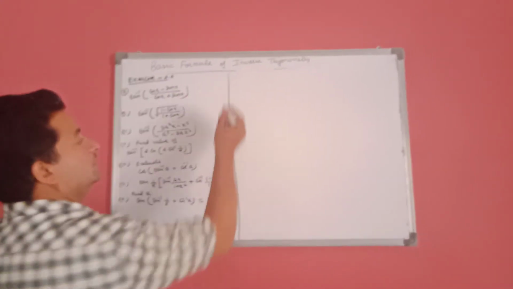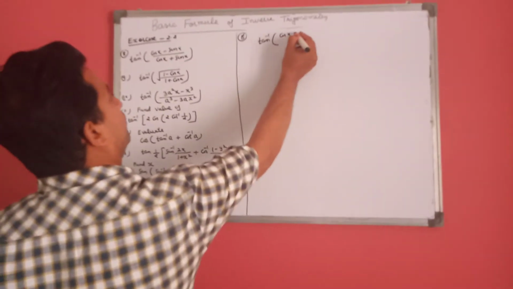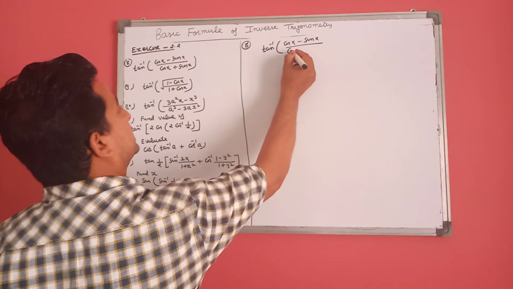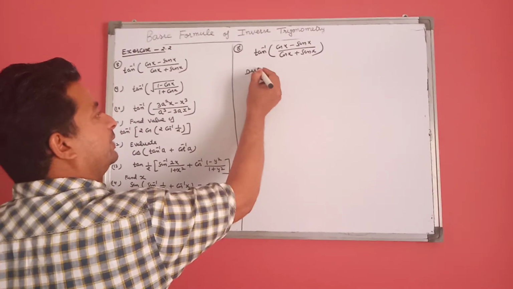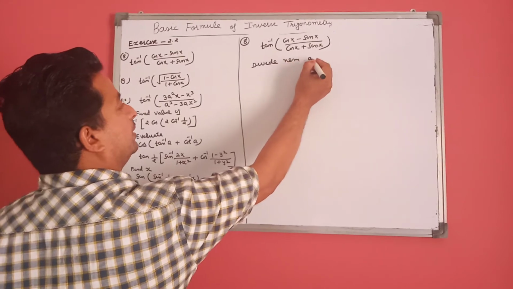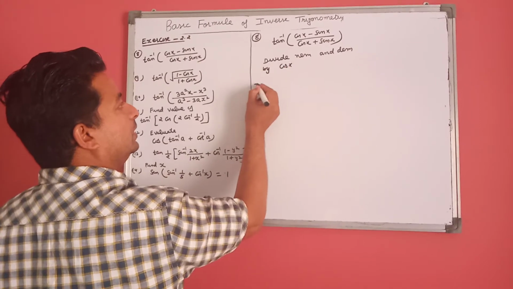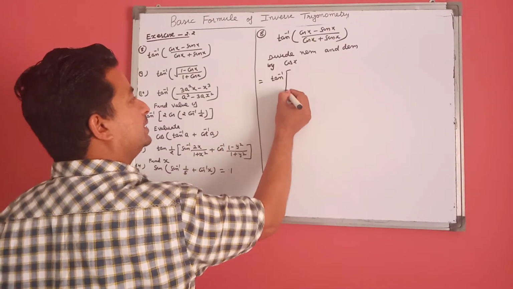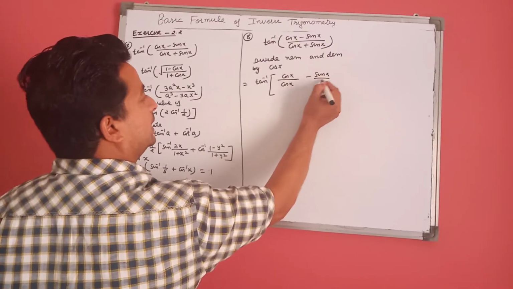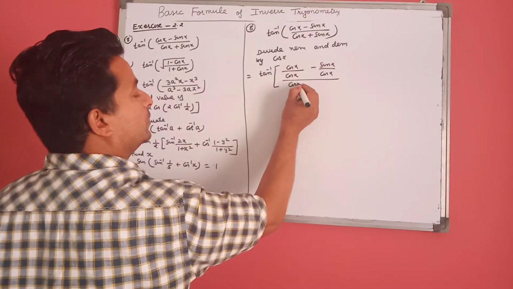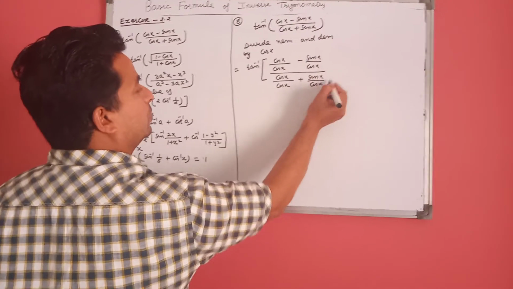In question number 8, the statement is write in simplest form tan inverse of cos x minus sin x over cos x plus sin x. In this question, divide numerator and denominator by cos x. Then we have tan inverse of cos x over cos x minus sin x by cos x, cos x upon cos x plus sin x upon cos x.